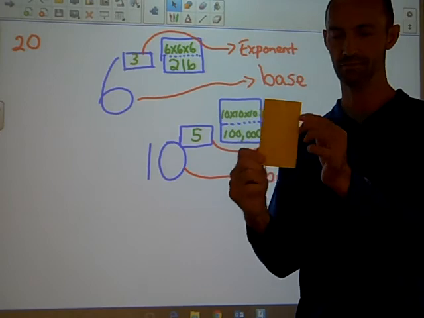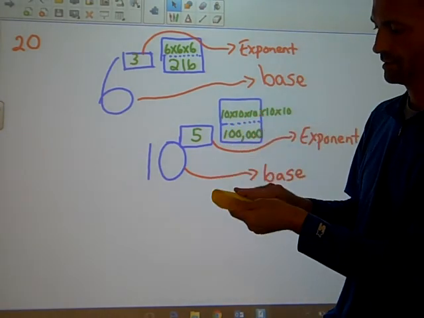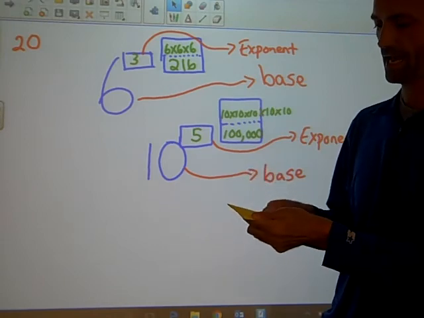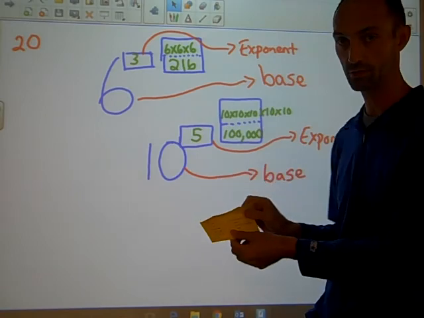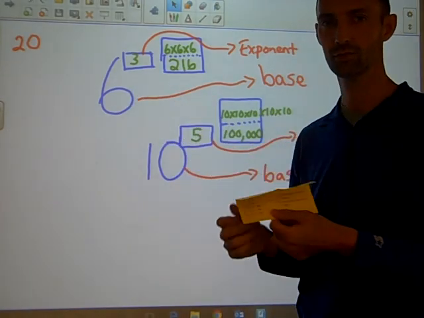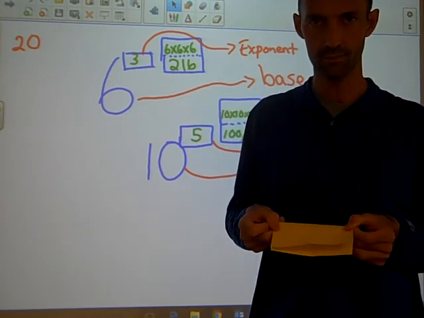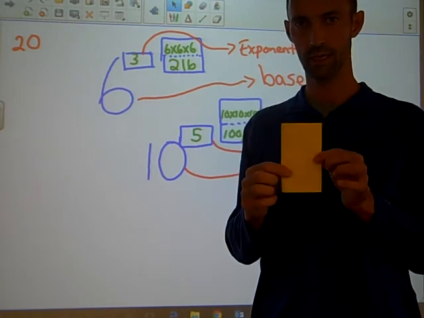You can fold it in half this way, or you can fold it in half either way, just however it's going to fit in your journal better, because I want this on page 20. So either fold it the long way or the short way. Either way is fine.